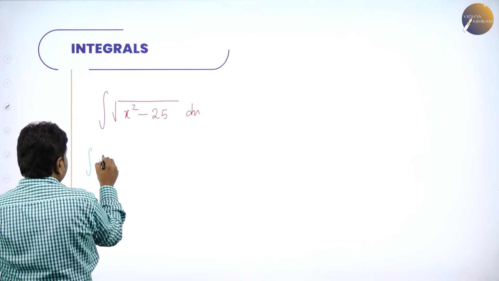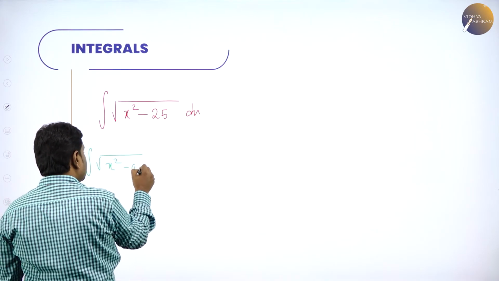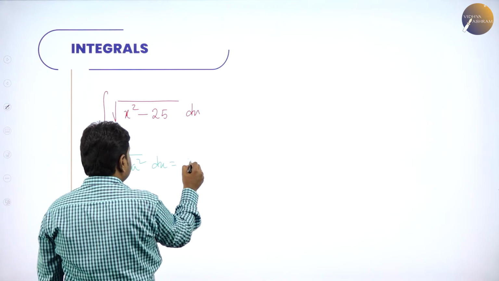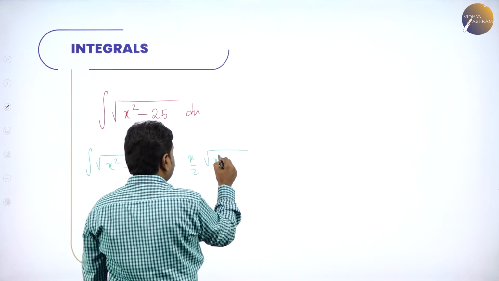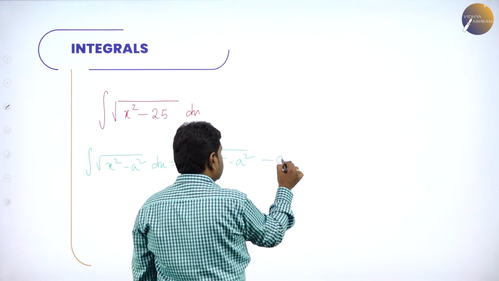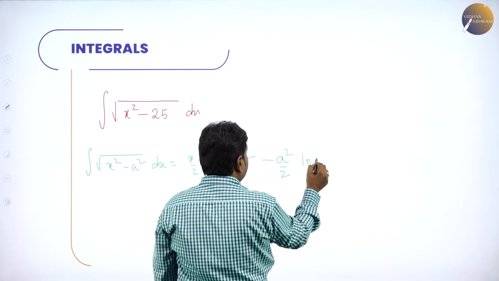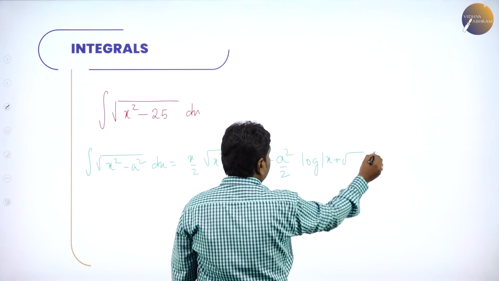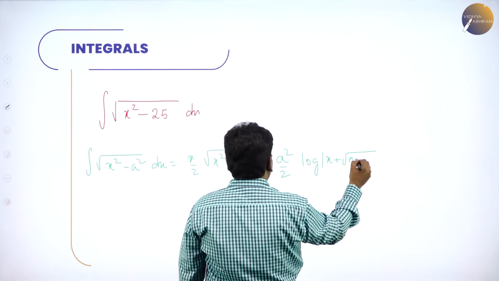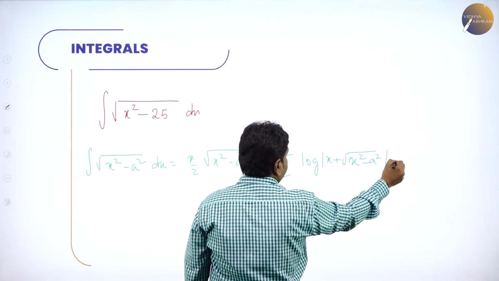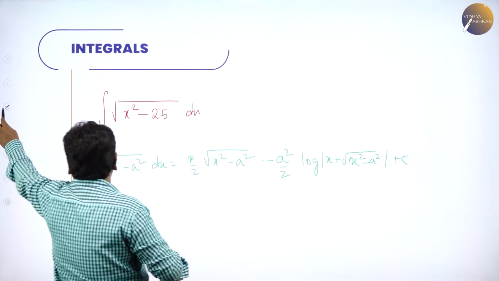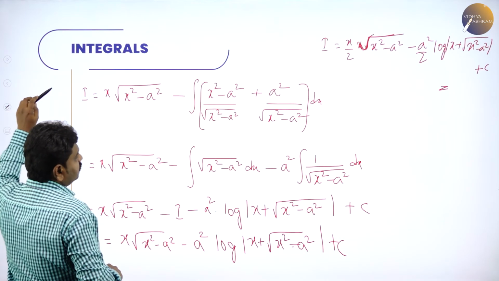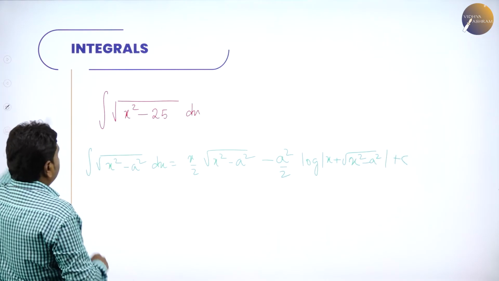So we derived integration of root of x square minus a square dx can be written as x by 2 root of x square minus a square minus a square by 2 log of mod of x plus root of x square minus a square plus c. This is what we derived now, and we'll apply the same.